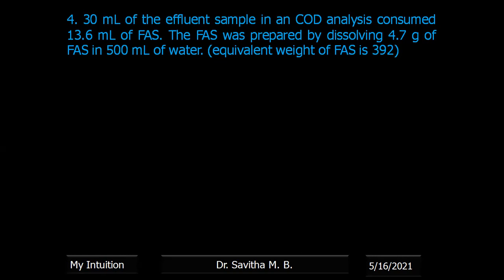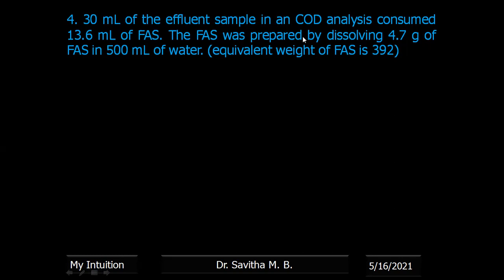The same type, where the FAS preparation is also given, and you need to find out the strength. Now, 30 ml means the volume of the sample is 30 ml. Directly consumed, 13.6, is given. Therefore V2 minus V1 is 13.6 of FAS. But FAS strength is not given, which is required for the calculation.